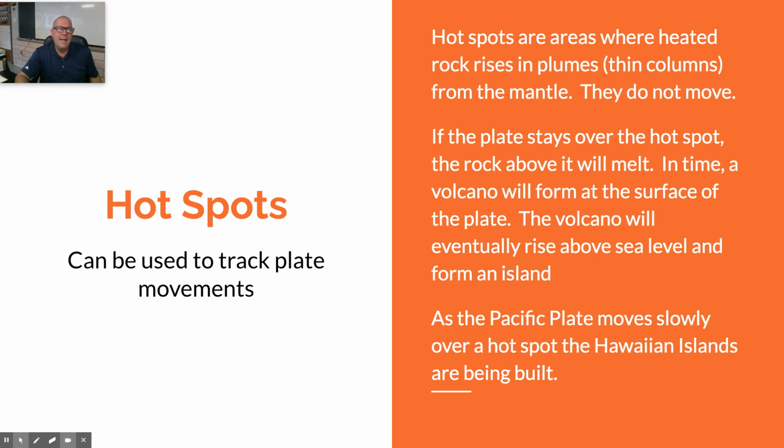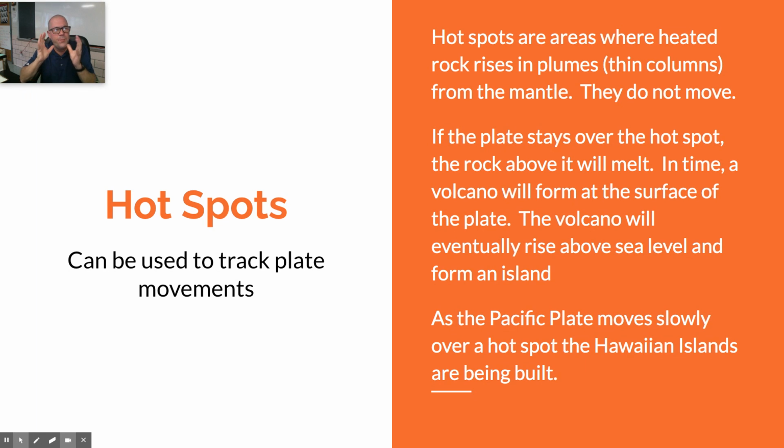So one last thing that I want to include in divergent boundaries is this idea of hotspots and how we can use hotspots to track tectonic plate movements. So hotspots are areas where heated rock rises in plumes or thin columns from the mantle.